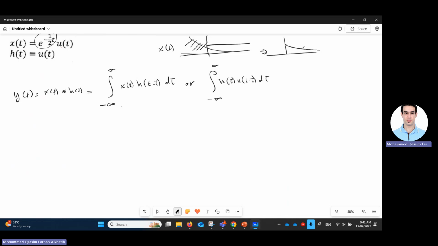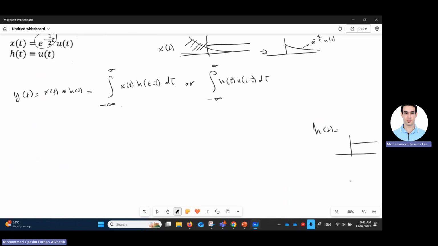So this is e to the power negative t over 2, u of t. The unit step function is just to remove the points in the negative time. Do you think reversing this one and sliding it is that easy? Let's compare it with the other function, h of t. h of t is this one. This one is easier to flip and shift.